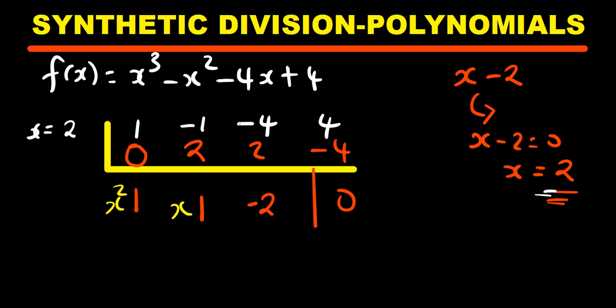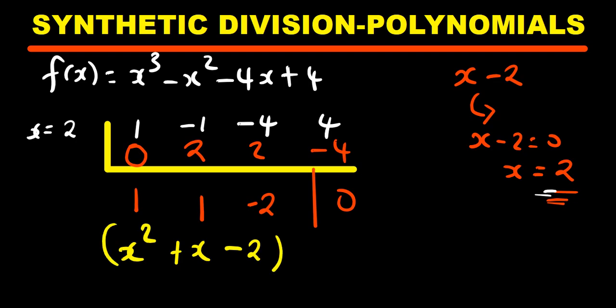You just put x here, because we dropped one power of x. So what are we going to have? We just have x^2, positive 1, so plus x, and we have minus 2. We've said this is our factor and this is another factor.